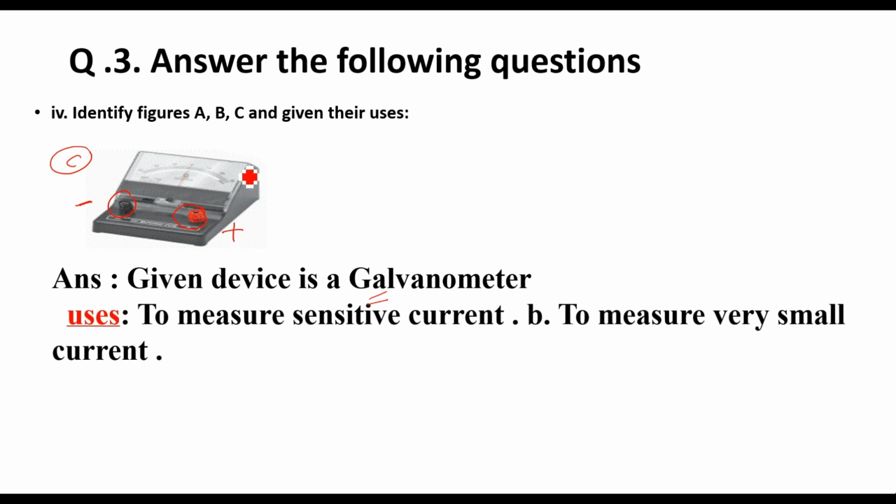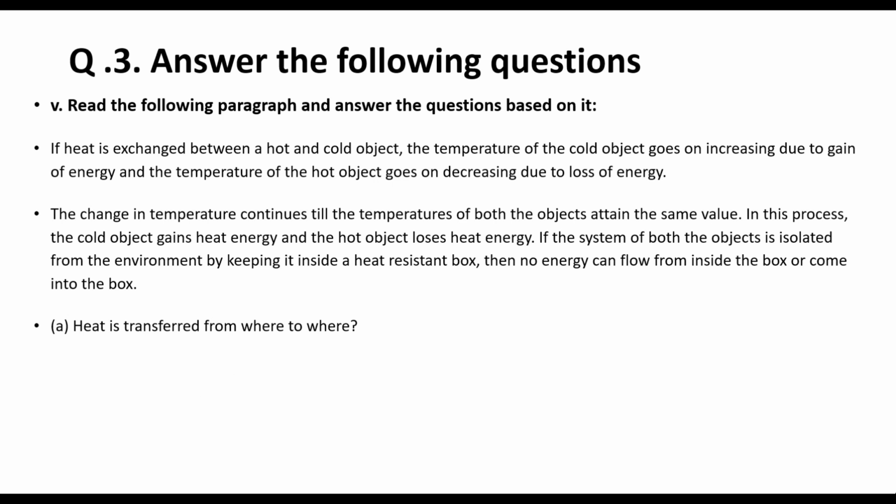So what is the use of a galvanometer? To measure sensitive current, that is the first use, and to measure a very small current. Both have the same meaning, but are written in different wordings: sensitive current and a very small current. Now move to the next question.